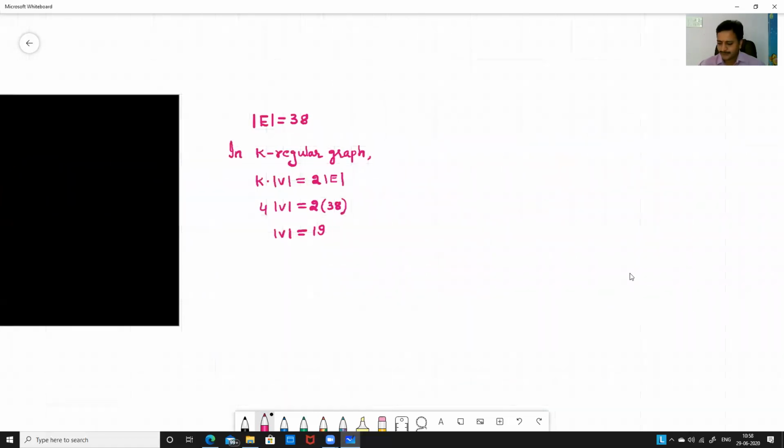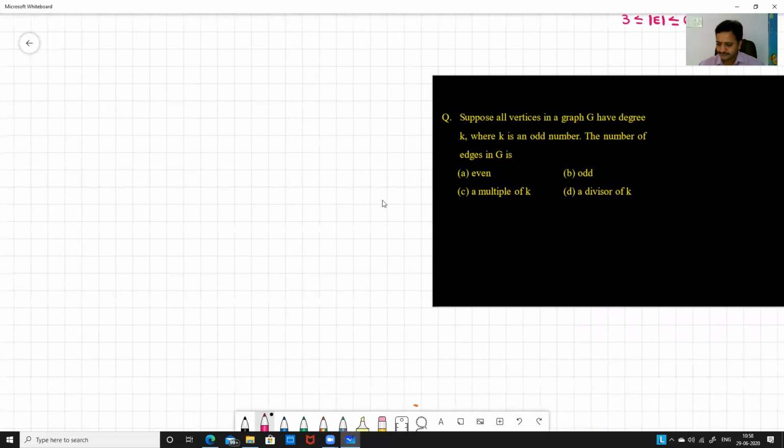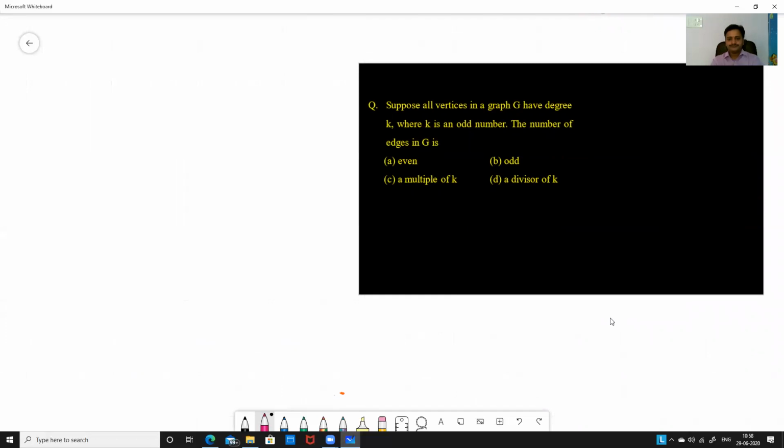Now see problem number 4. Look at this problem number 4. Suppose all vertices in a graph G have degree k, where k is an odd number.